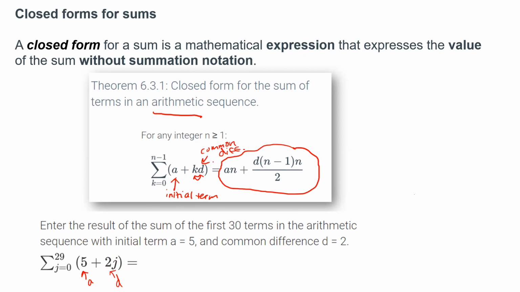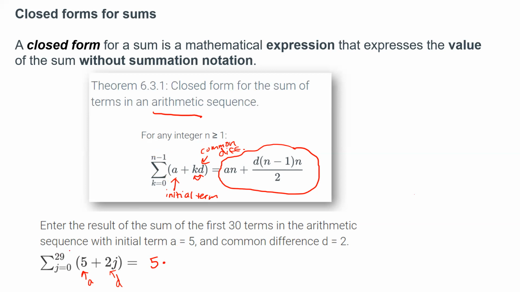And so now I'll just put it into this formula and I won't have to actually write out all of those terms. So A is 5, so I'll put 5 here times N. Now, notice this is in terms of where we go from 0 up to N minus 1. So what would N be?